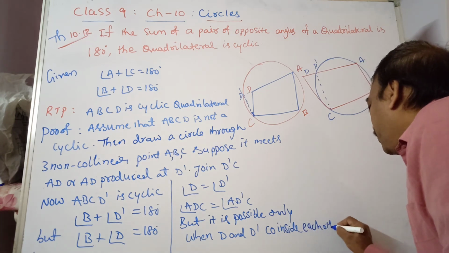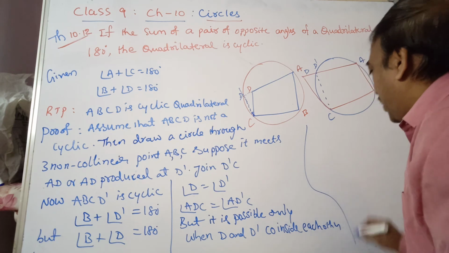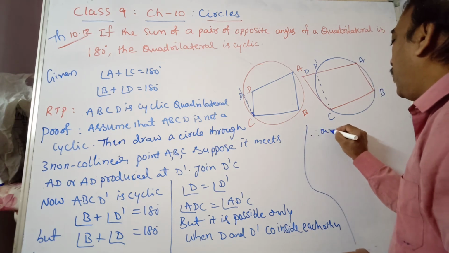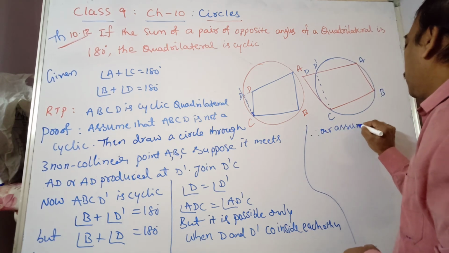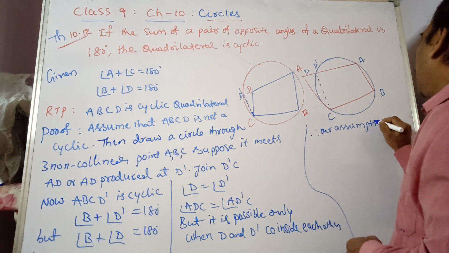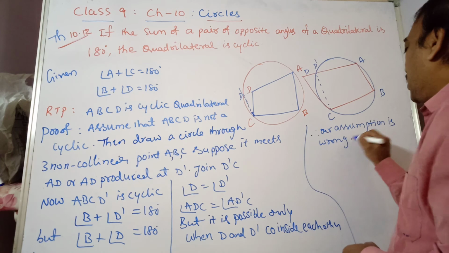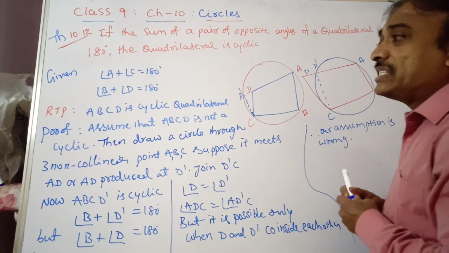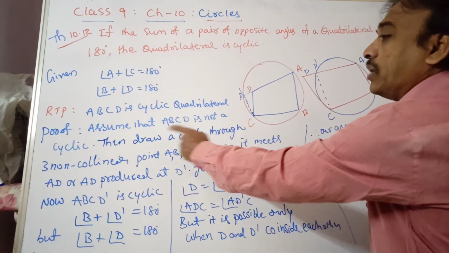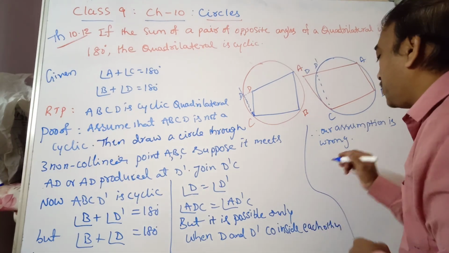Therefore, our assumption is wrong. What did we assume? We assumed it is not a cyclic quadrilateral. Therefore, our assumption is wrong.